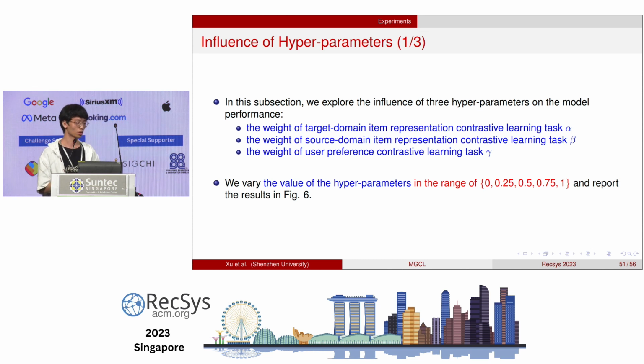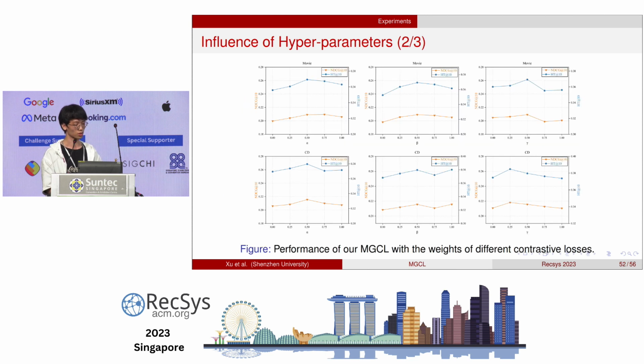In this subsection, we explore the influence of the 3 parameters on the model performance. We study the weight of the target item representation contrastive learning task, the weight of the source domain item representation contrastive learning task, and the weight of the user preference contrastive learning task. We vary the value of the parameter in the range and report the results in the figures.